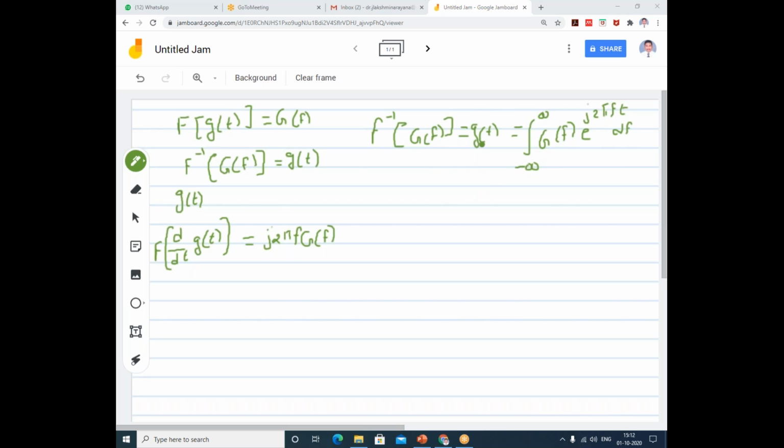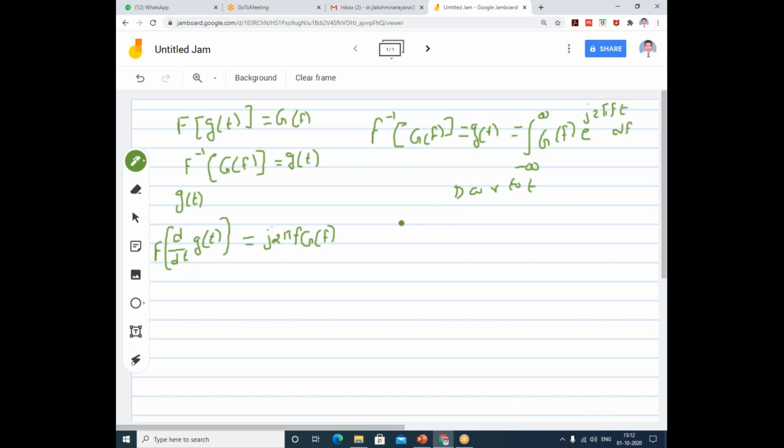Now, since I have g of t on the other side, I am going to apply differentiation with respect to t on both sides.